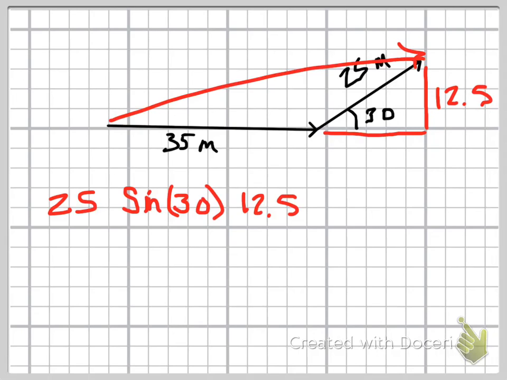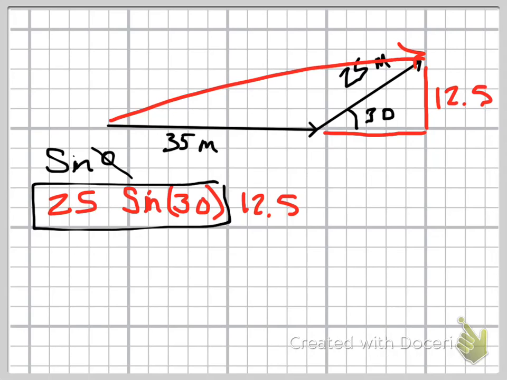Remember, when you're doing this one, you want to simply put this part in the calculator. For those of you that didn't pick up on that, what I did again was sine of an angle is equal to opposite over hypotenuse. We said the hypotenuse was 25, so that was down on the bottom. The opposite is what we're trying to find.